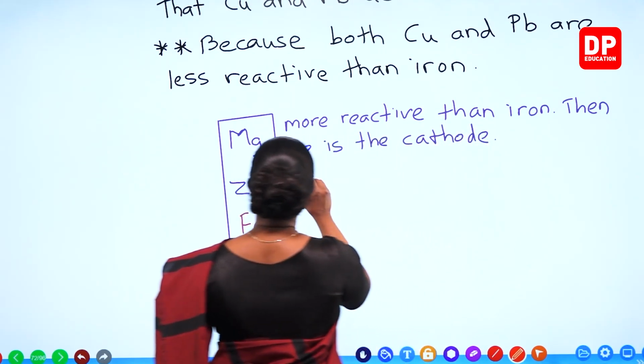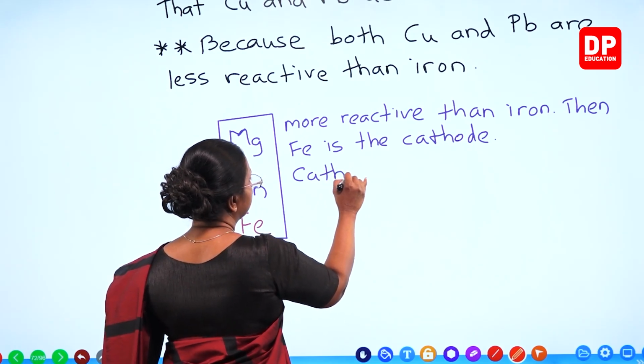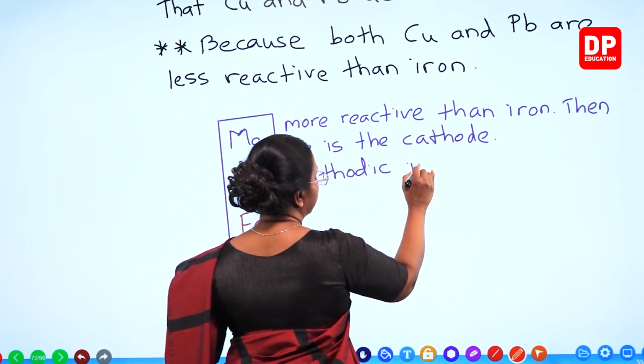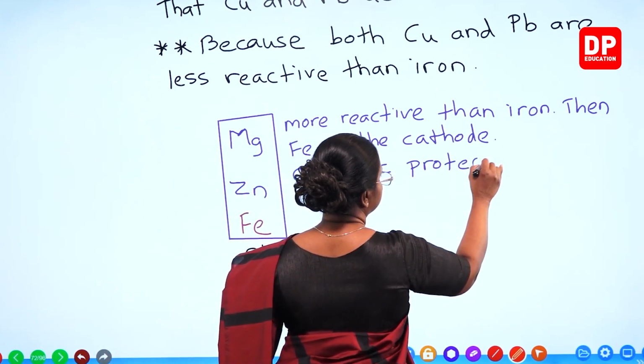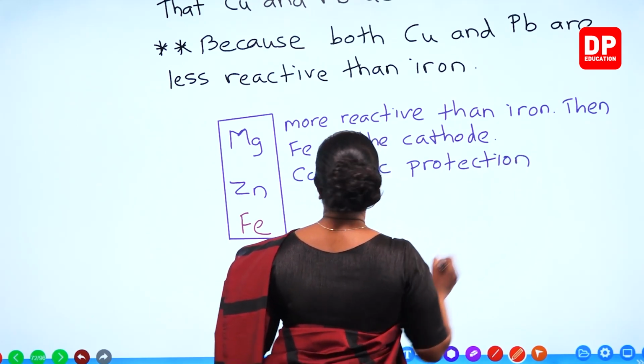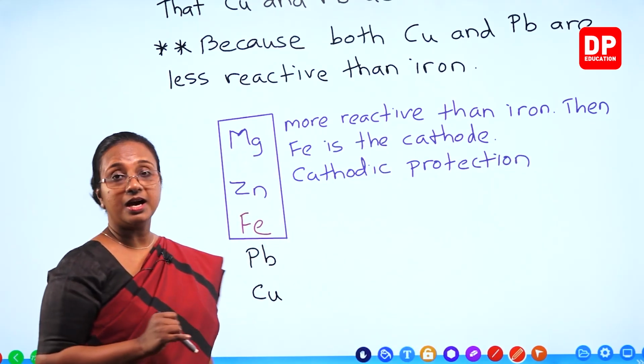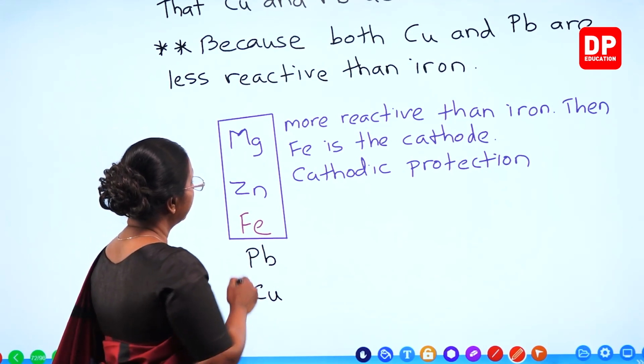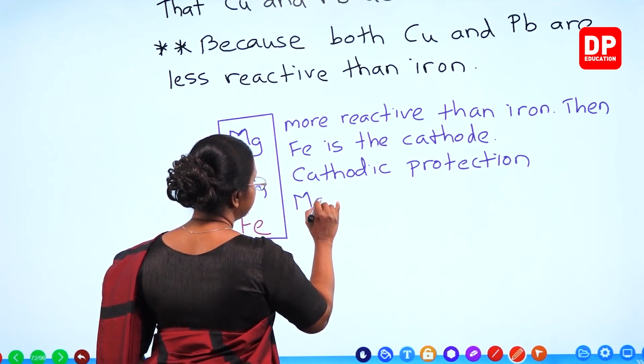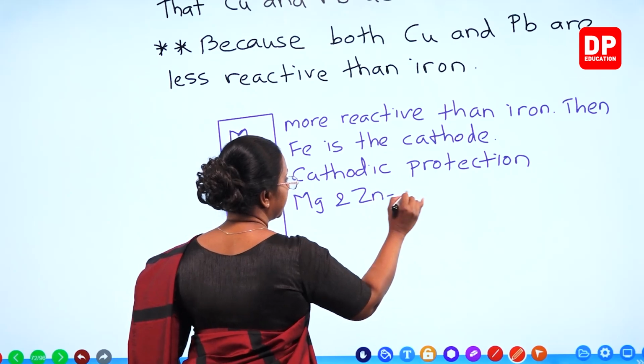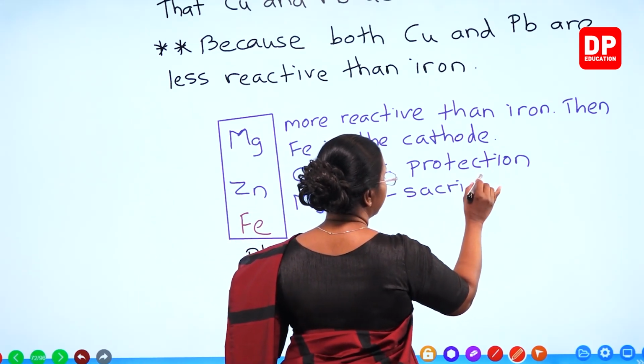So we call it cathodic protection. And magnesium and zinc are known as sacrificial electrodes.